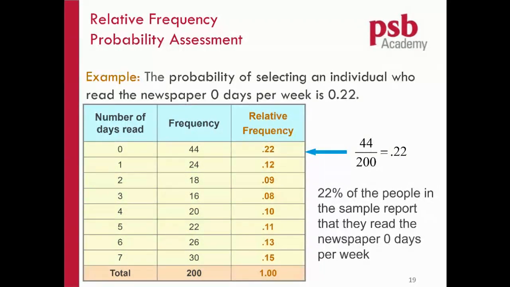The table is recording how many people do not read newspaper in a week, read newspaper one of the days in a week, two days, three days, and so forth. So what's the chance if you were to pick anybody in the same area, that you get someone who doesn't read newspaper at all?